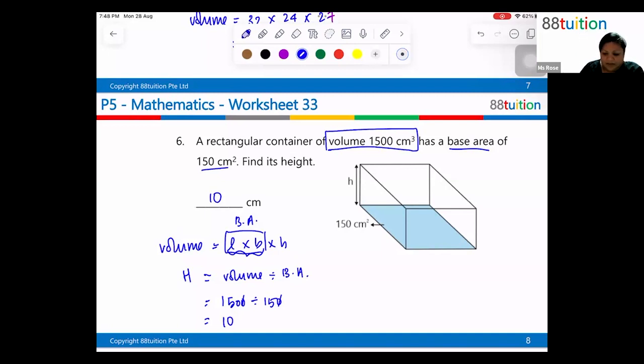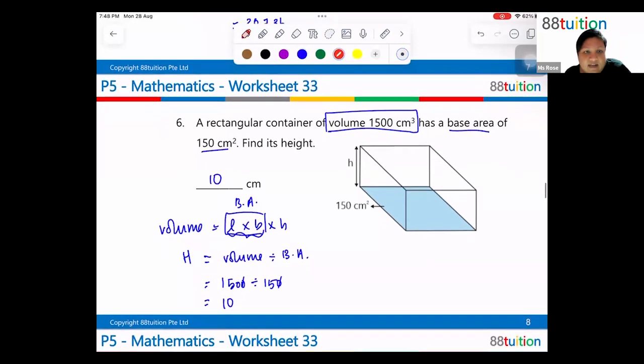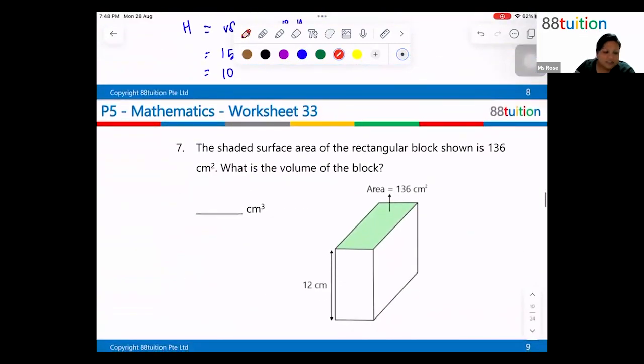All right, next, any question? Okay, question 7. We have the shaded surface area of the rectangular block. A lot of you who did the paper skipped this, and the answer was wrong. Only 2% got it right. Let's take a look.